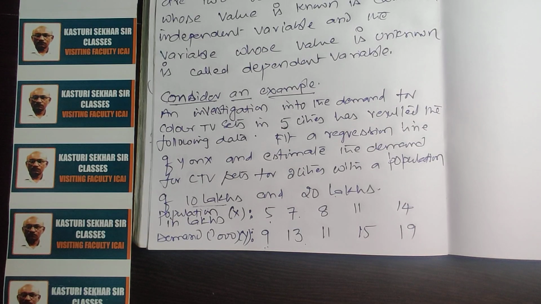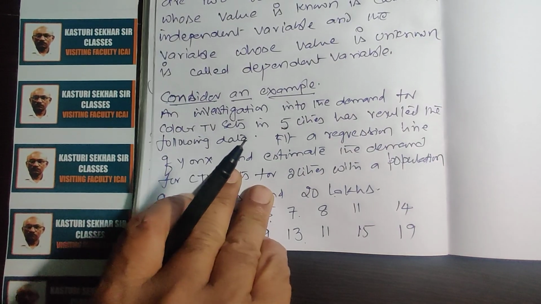Once what is given in the question is clear, then we can prepare the answer. What is required for us? You have to fit a regression line of y on x.